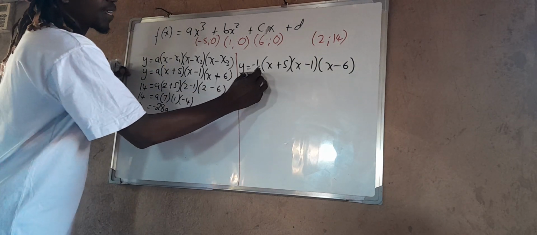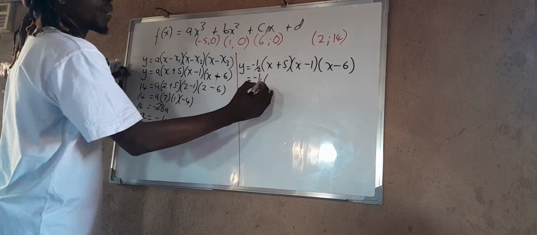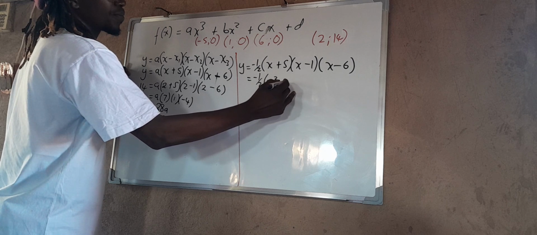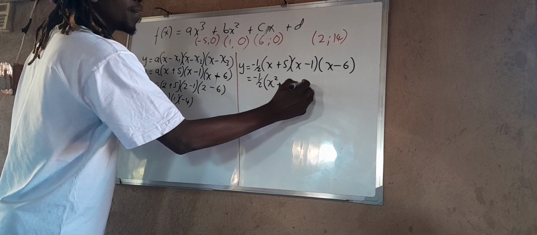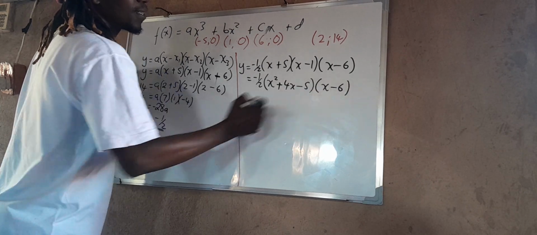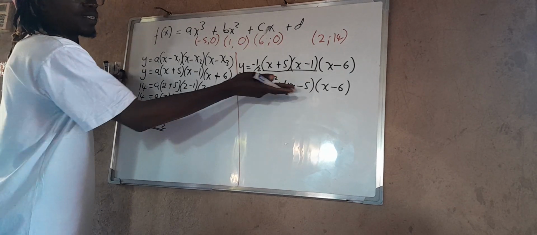So this becomes negative half. If we multiply these two brackets, we are going to get x squared plus 4x minus 5, right? Yeah. Being multiplied by (x minus 6), right? Yeah. So these two brackets, if you multiply them out, you are going to get this, right?